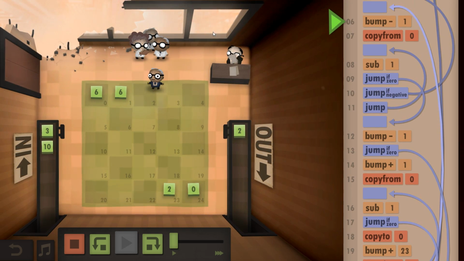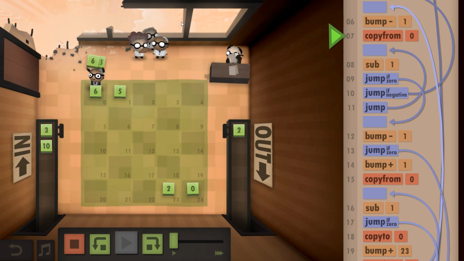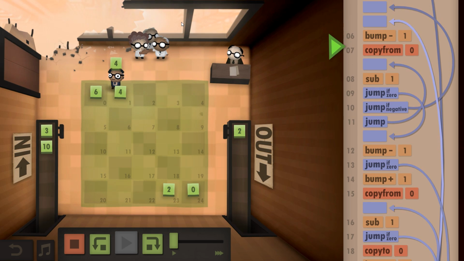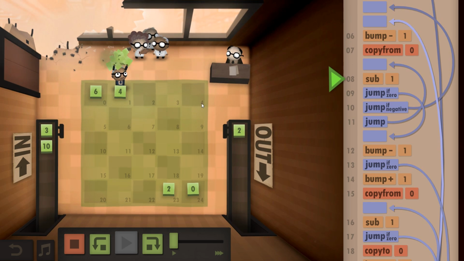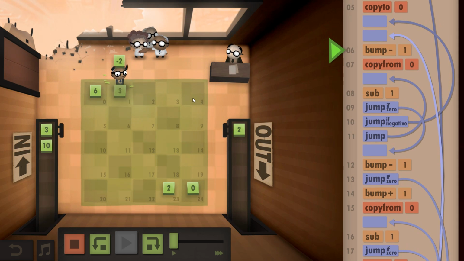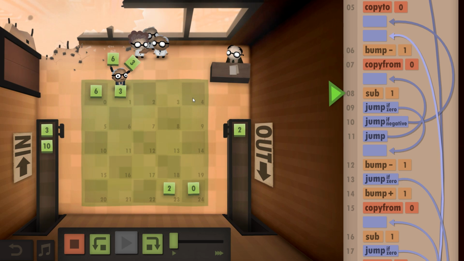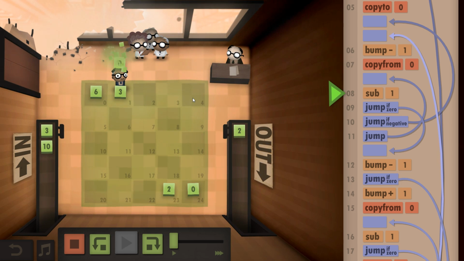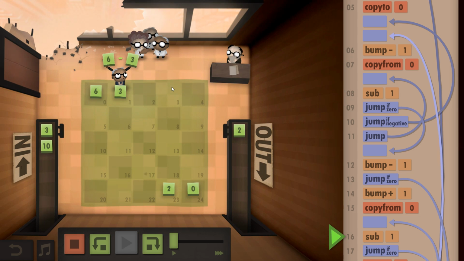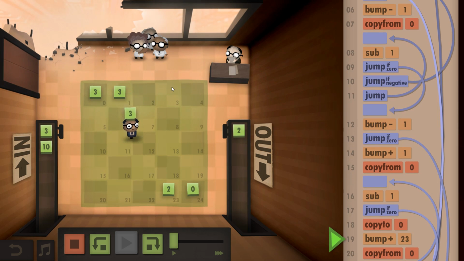Yeah, that's good still, but now... Actually, where does it fail? I don't know. I lost track in my head. 6 minus 3 minus 3 is 0. So now I'm dividing.